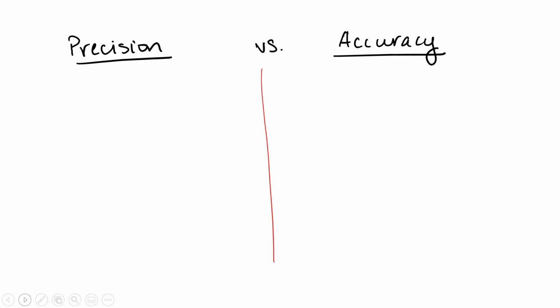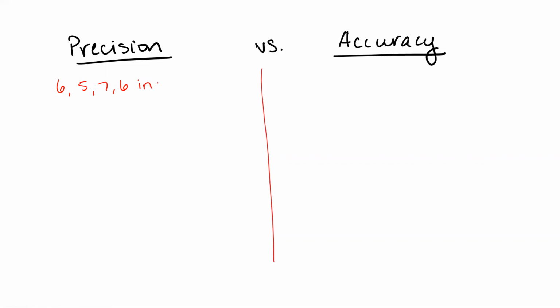Precision is when you collect your data, how close all of those data points are to being the same value. Say you had the numbers 6, 5, 7, and 6 inches when you measured something.